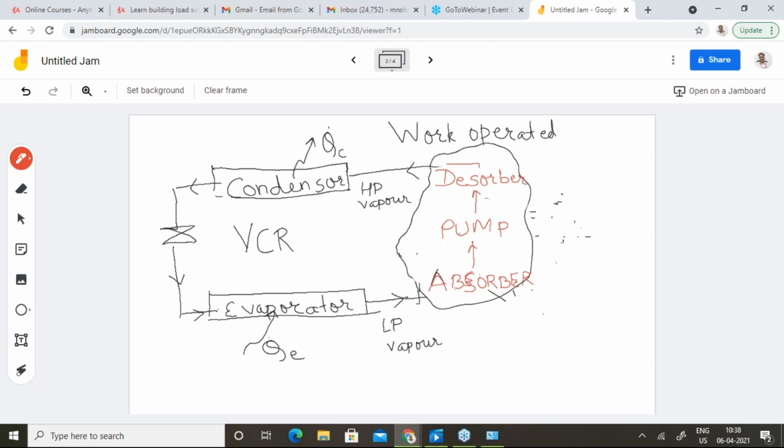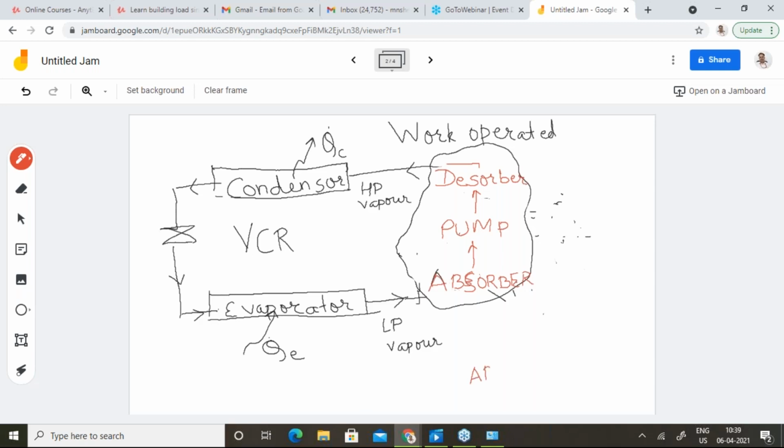Before drawing the actual schematic, let us concentrate our attention on these three components. Looking at the schematic, what is going to enter the absorber? A low pressure vapor of the refrigerant enters the absorber, and as the name indicates, it would be absorbed in this. In this absorber, there is a fluid called the absorbent.